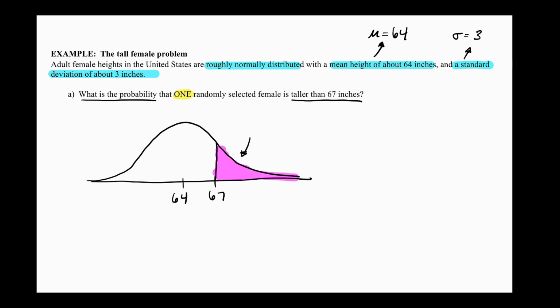So we got 67 minus 64 over 3. It's one whole, or 1.00, right? So let's go to my table. 0.8413.